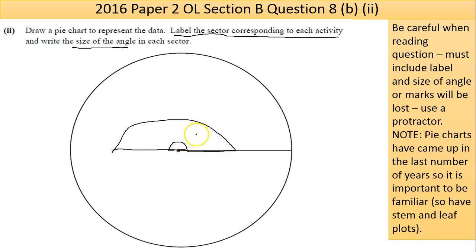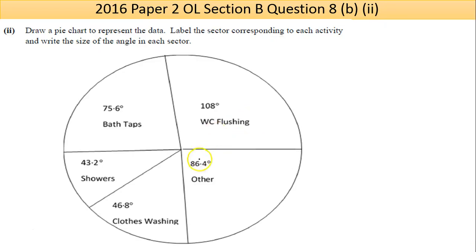Say the first angle was going to be 24. Find where 24 is on the protractor, draw a line out to the edge. And then you can draw the two lines between these two things and onto the outside. That's the final answer there. Now I started with this 100. I've taken this from the marking scheme. It just looks prettier than what I can do.